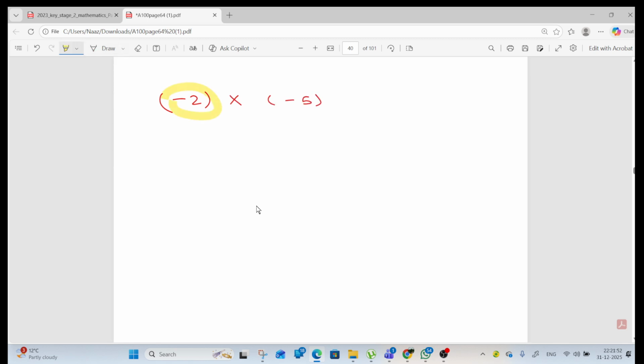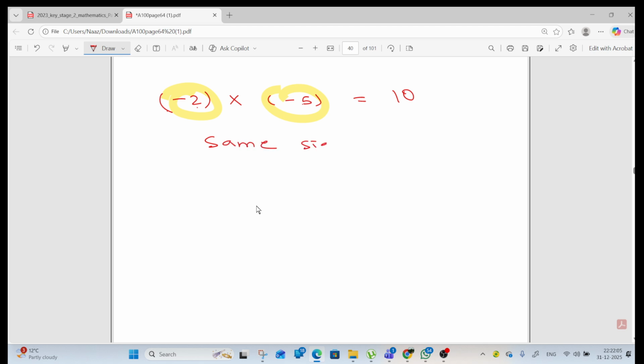But for multiplication and division, which is really simple, suppose I have negative 2 times negative 5. Both are having same sign, both negative, so answer is going to be positive. First I multiply: 2 times 5 is 10, and because both have same sign, positive 10.